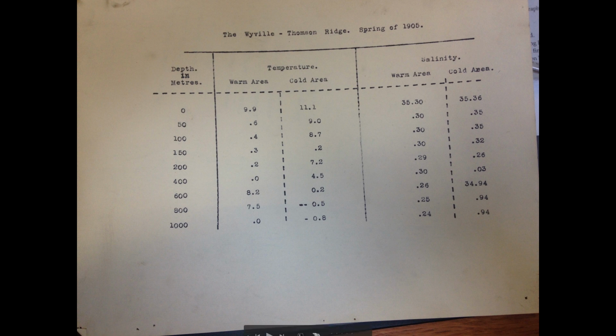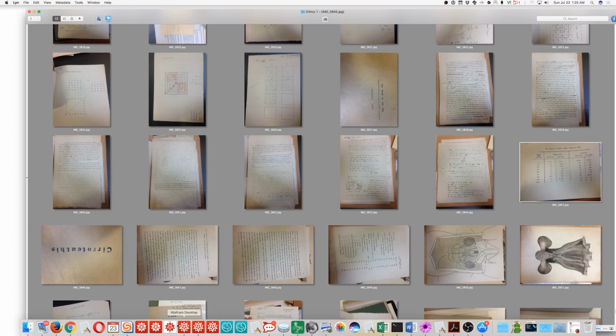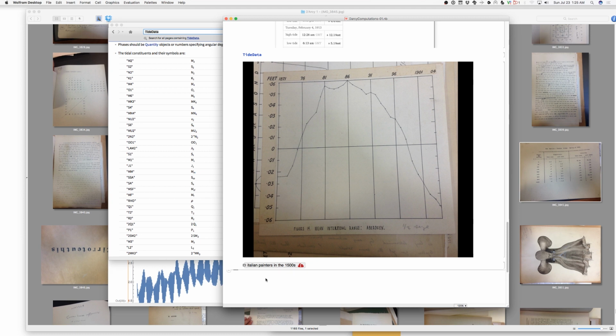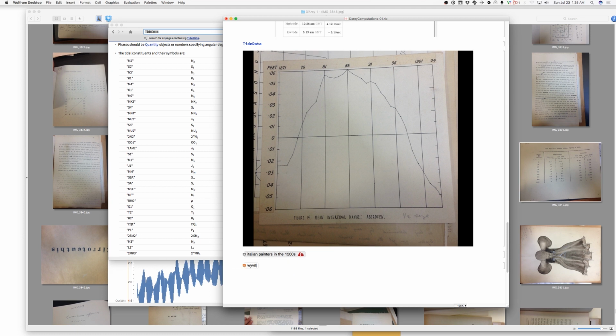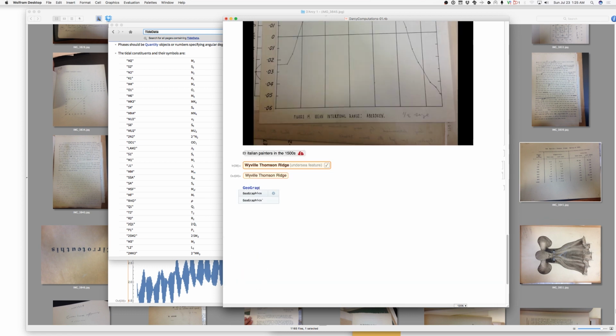I wonder if the Wyville-Thompson Ridge is to be found in modern times. Let's see. Oh, it is. Wowee. There is an undersea feature called the Wyville-Thompson Ridge. Let's find out where it is.